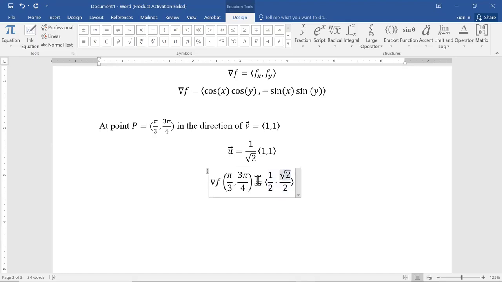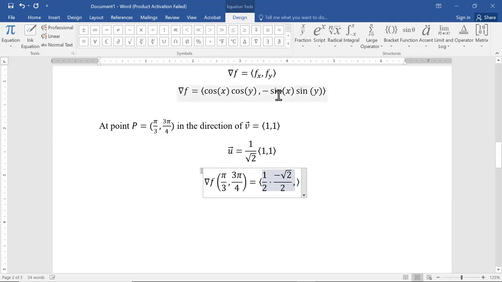Oh, shoot, I forgot to put the negative out front. Negative square root of 2 over 2. So that's what we get when we plug in those two values into the cosine x, cosine y. Cosine of pi over 3 gives me 1 half. Cosine of 3 pi over 4 gives me negative root 2 over 2.